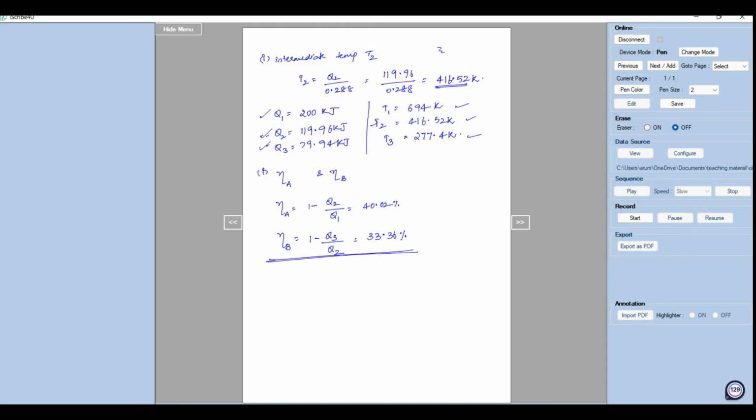It's a very simple problem. Only, once again, you need to draw the block diagram very correctly, right? So first temperature T1, and then you have the first engine, and then intermediate temperature T2, and then you have the second engine. Once you draw this block diagram, everything else will be very easy. This is engine A, this is engine B, right? So this is temperature T1, this is temperature T3, this is intermediate temperature T2.